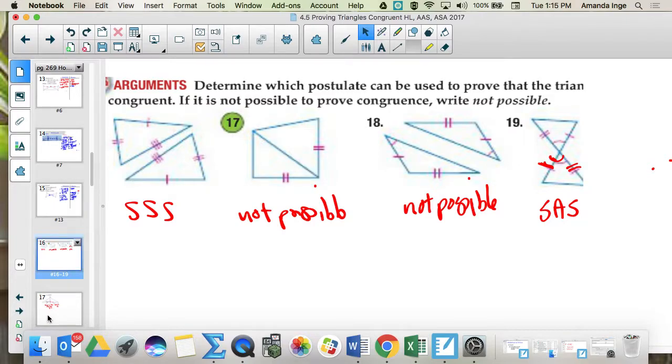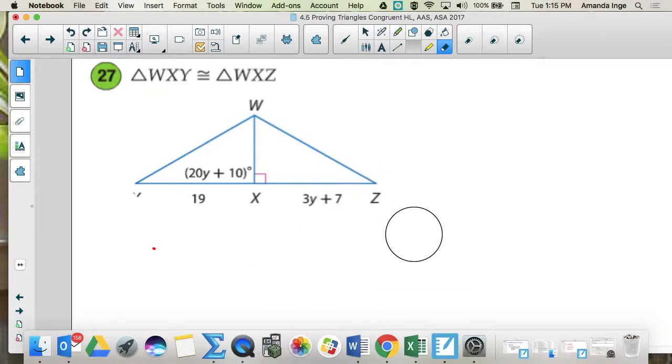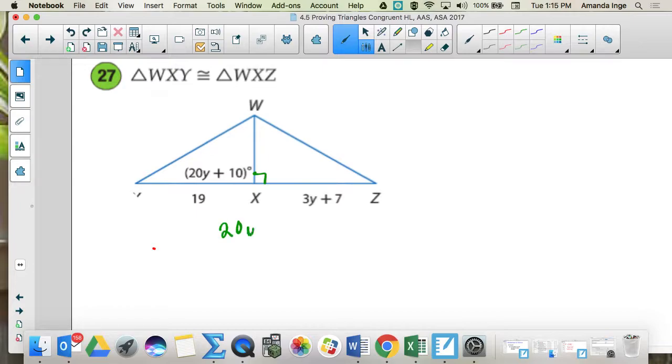All right. So the last two are just problems where you're setting these up. So we know that this is a right angle. So we know that 20y plus 10 equals how much? 90. So 20y equals 80, so y is equal to 4.